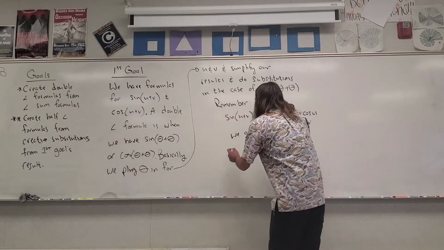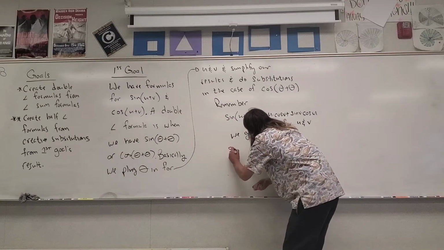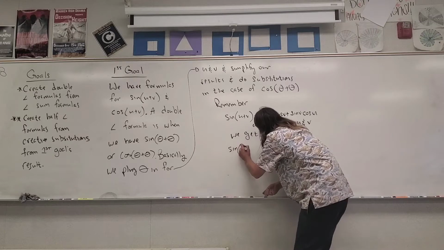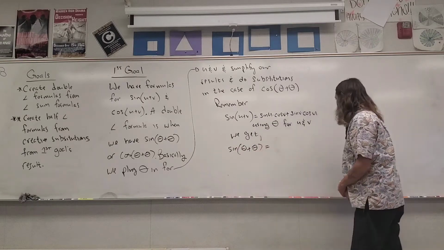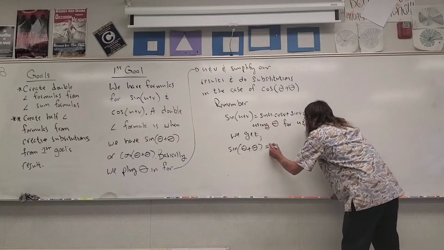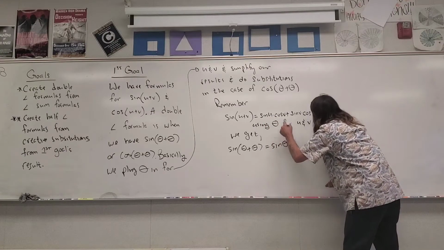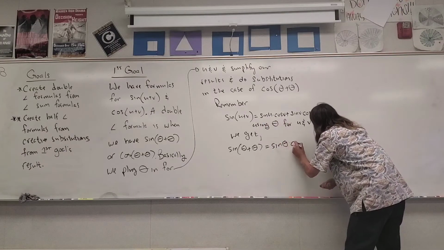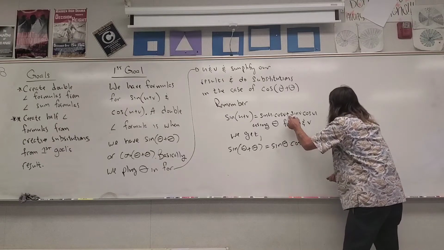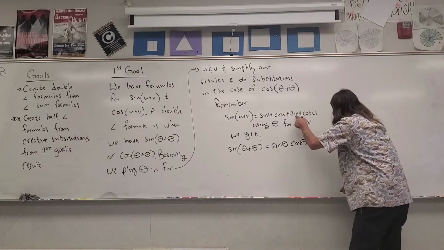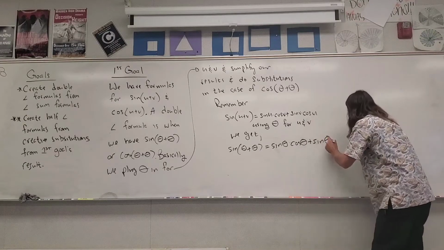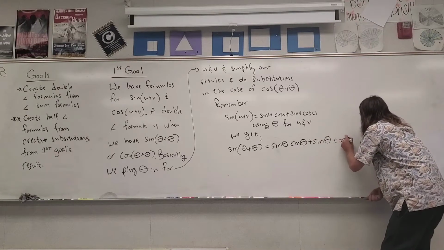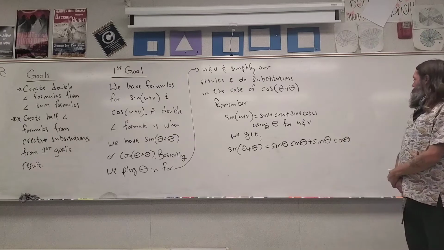So we're going to get the following. Sine of theta plus theta is equal to sine of theta times cosine of theta plus sine of theta times cosine of theta. Well, guess what?